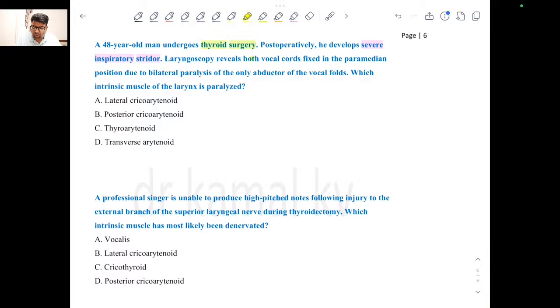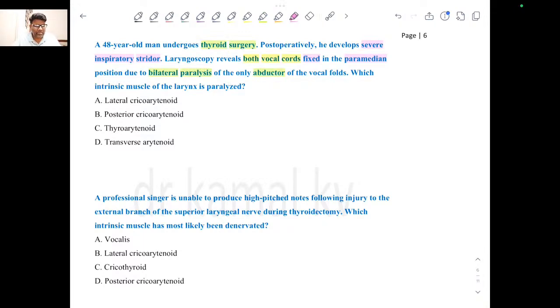Laryngoscopy reveals both vocal cords are fixed in the paramedian position. So there is bilateral paralysis of the abductor of vocal folds. Which intrinsic muscle is paralyzed?